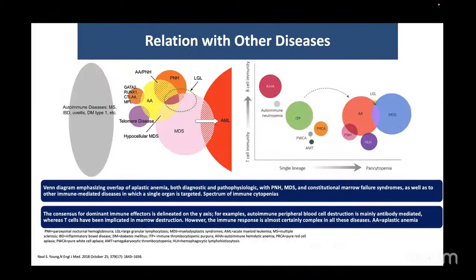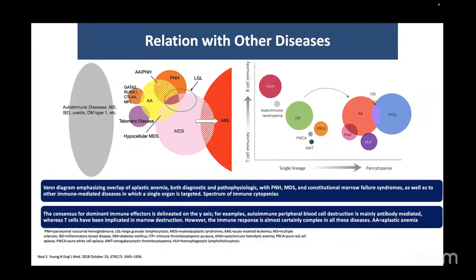So, this is a beautiful Venn diagram showing how aplastic anemia overlaps with multiple other hematological disorders, so as to recall the relationship of aplastic anemia with other diseases. Many a time we cannot separately look at aplastic anemia.